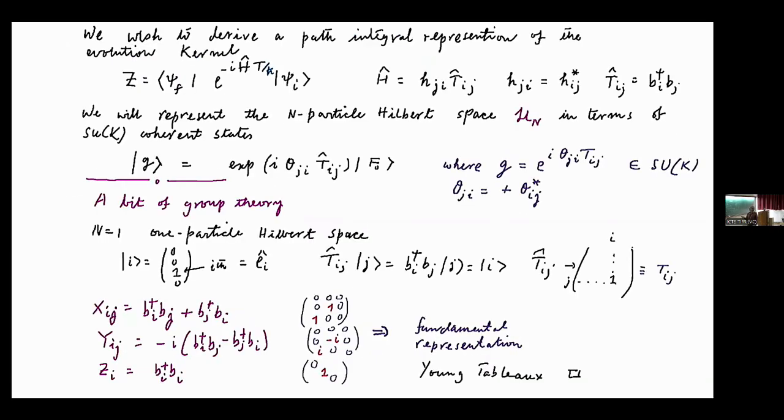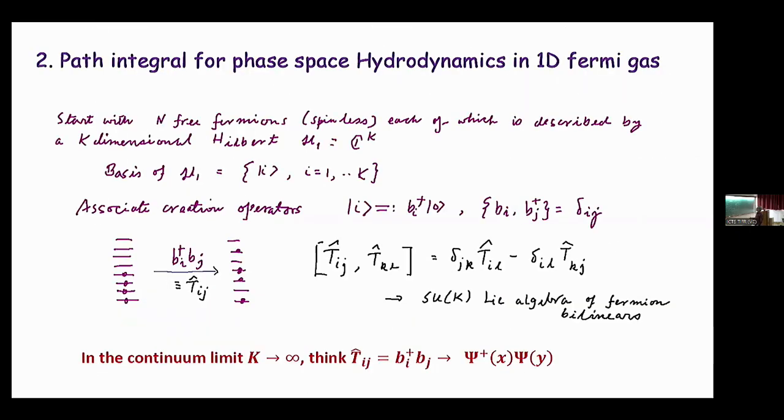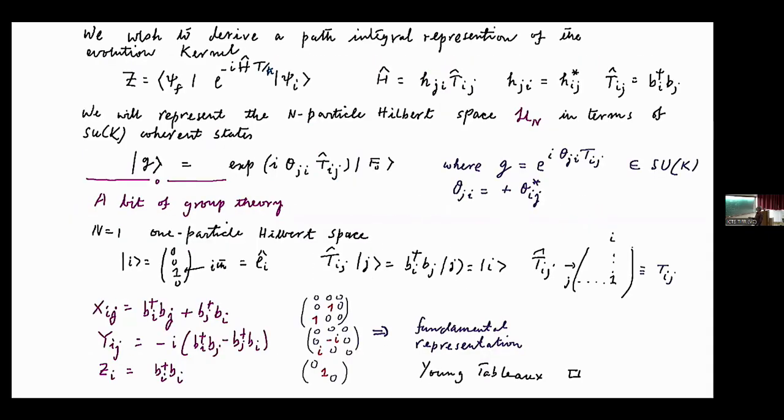And what I'm going to consider now is the following coherent state, where I take an arbitrary linear combination of the generators, theta_ij T_ij, corresponding to a group element which is e to the power i theta_ij T_ij, where T_ij is a matrix which I think I have defined here.